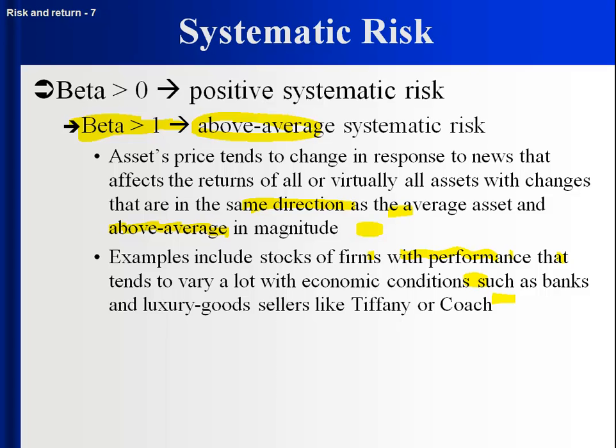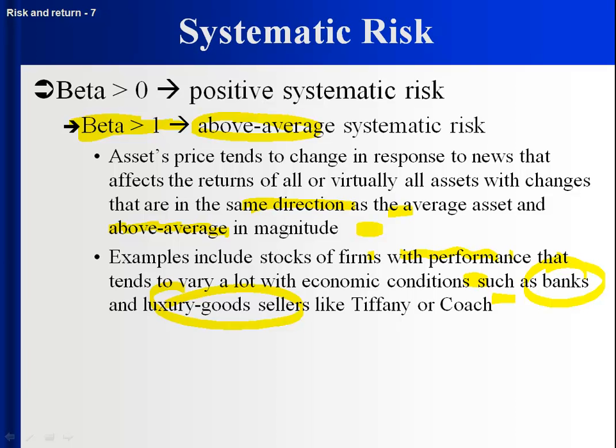Stocks of firms that would commonly have a beta greater than 1 would be ones whose performance tends to vary a lot with economic conditions. Banks, luxury goods sellers. So, for example, for a bank, if the economy is doing well, more people take out loans. The people that have loans are more likely to pay them. So, if news comes out that suggests that the economy is going to be stronger than previously thought, then that's good news, but it's extra good news for the bank.